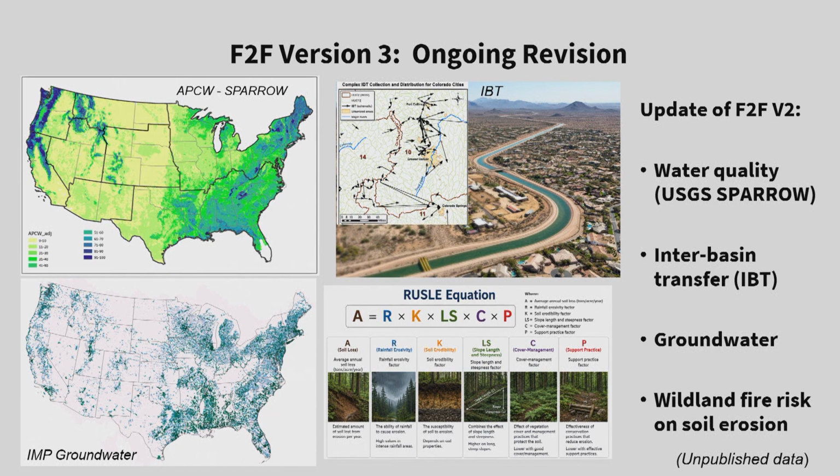We put a lot of effort into evaluating fire impact on water quality. We are using Google Earth Engine to do fire modeling to look at the fire impact on soil erosion, so we can see where the areas are most vulnerable to soil erosion.